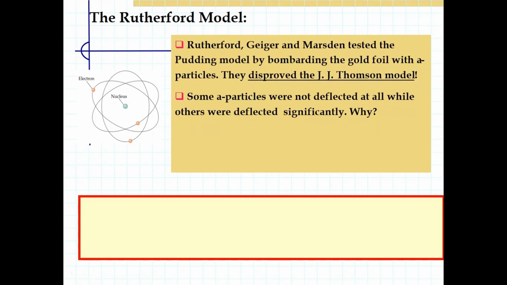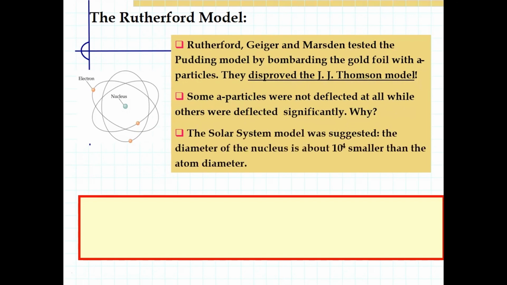So the question was why these deflected particles are coming. The solar system model was suggested, and it was proposed that the nucleus is very small, perhaps as small as 10 to the power 4 times smaller as compared to the atomic diameter.